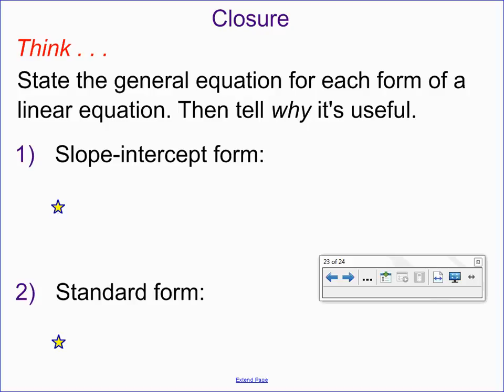So go ahead and write down what it looks like with letters, and then provide at least one situation where slope-intercept form is useful. Then go ahead and do the same for standard form. Again, write the general form with letters. And for the star, we'll put one reason why it's useful. I'm going to call on you to share with the whole class. So please be ready.